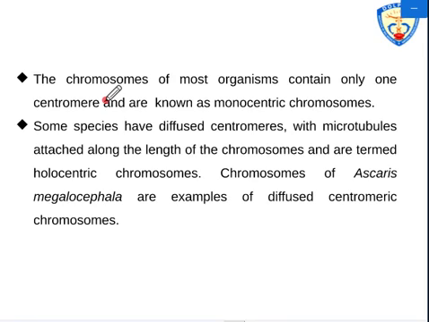Chromosomes of most organisms contain only one centromere. So a chromosome having one centromere is known as a monocentric chromosome. Some species have diffused centromeres. That is, the microtubules will attach along the length of the chromosome, not at a particular point.